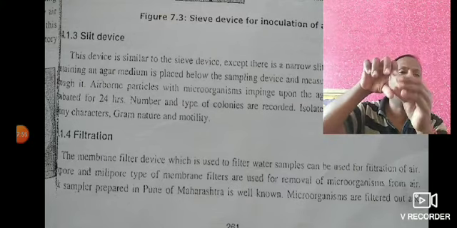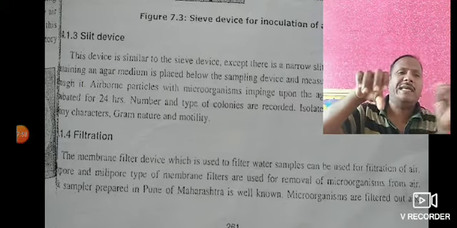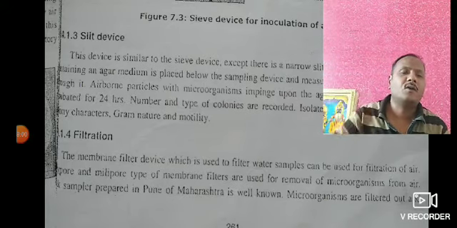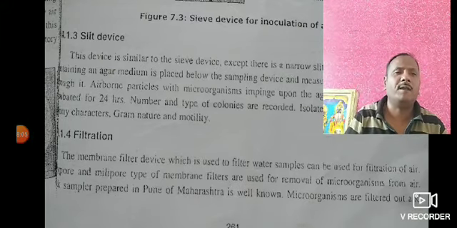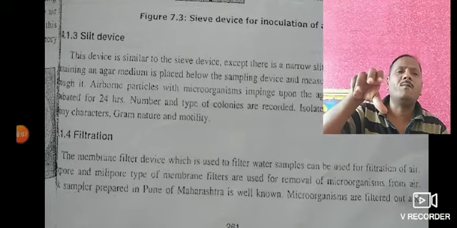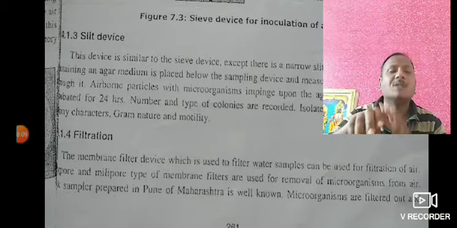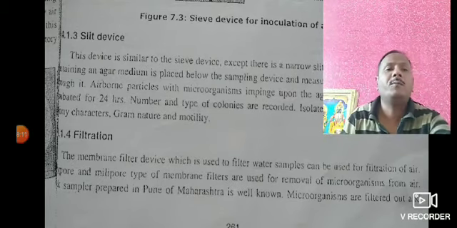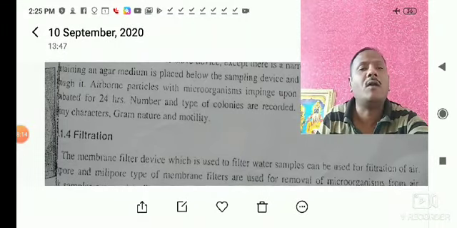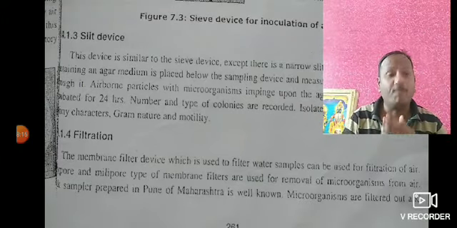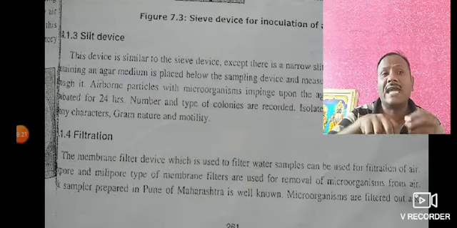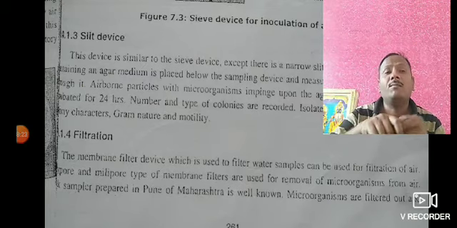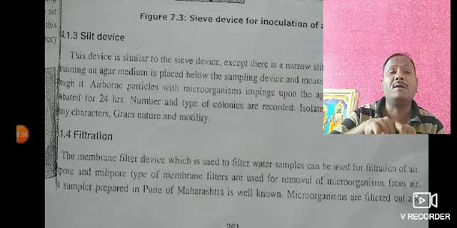From one side we can compress the air onto the filter. The microorganisms get trapped on the surface of the filter, because the pore size of the filter is very small compared to the size of microorganisms. That's why the microorganisms cannot enter inside the filter. They only get trapped on the surface.